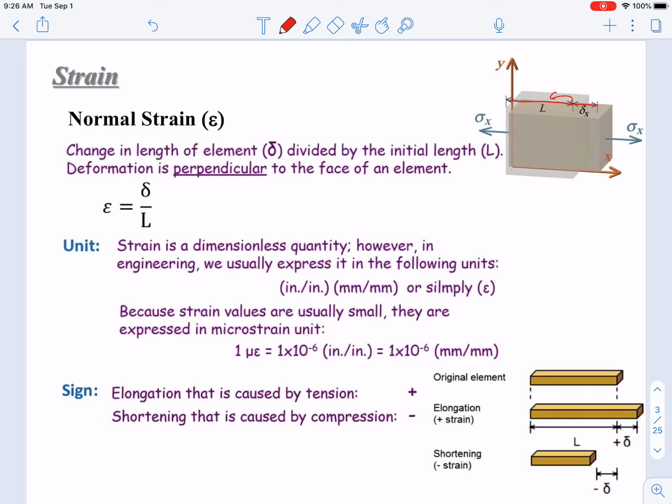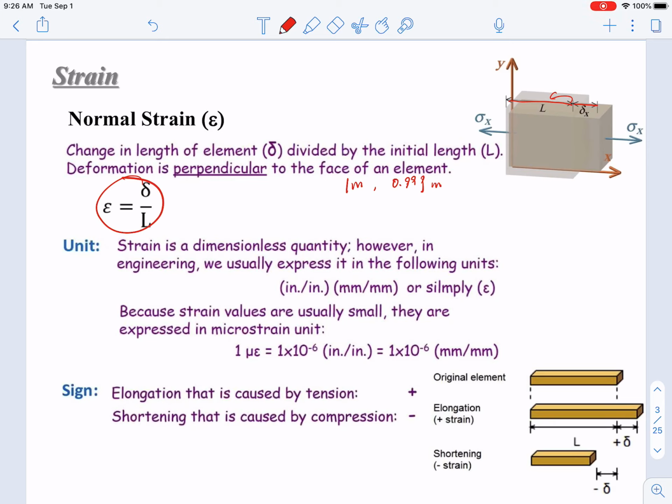For example, I gave 2 simple examples last time, and we did an in-class assignment. In the in-class assignment, we give a bar that is 1 meter long. After deformation, it becomes 0.999 meter. So what is the length change? This is a definition to calculate normal strain, and we have given these 2 numbers.